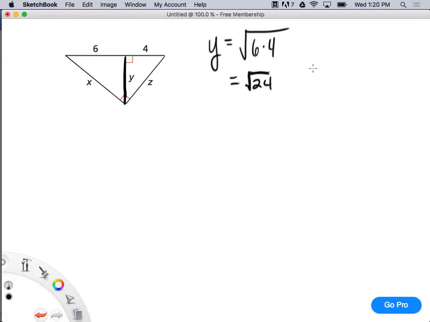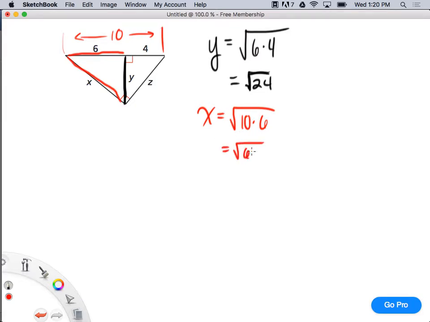Okay? See? X, this one here, x is the square root of the whole thing, which is 10 times 6. So you see how these are on the same side? It's the square root of the whole thing times the one that's on the same side, which is the square root of 60.